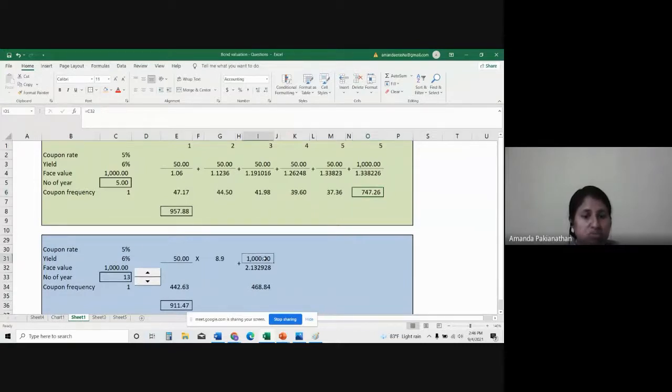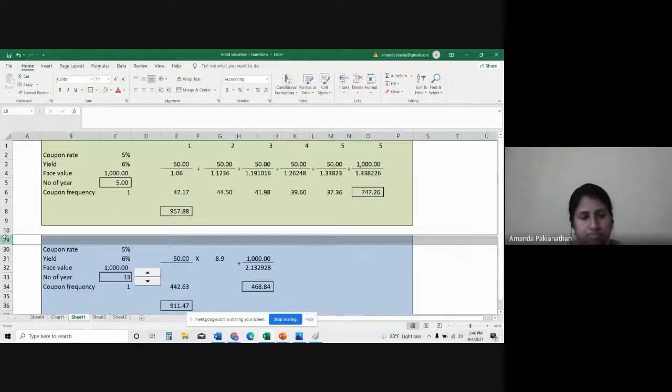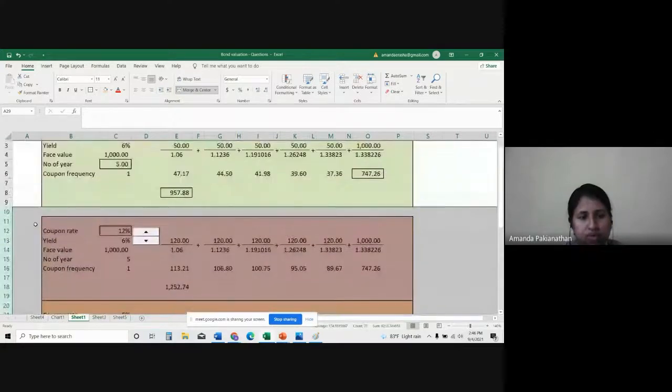But here, 1000 coming in the 13th year gets me only 468. Therefore, the value of the bond declines. I hope it's clear to you.